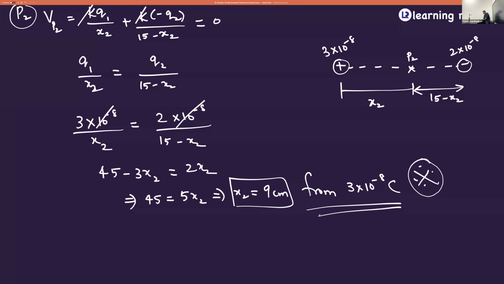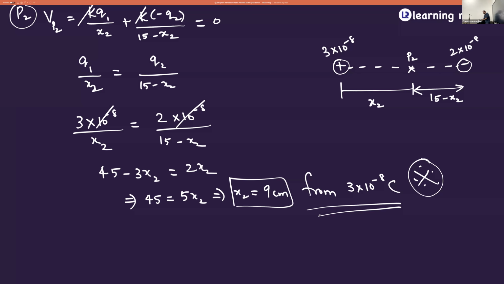Whereas, if in the same question I ask you to tell me a point along the line joining the charges where the electrostatic potential is 0, you can never find it. Because electric field is a vector quantity, and here the values are getting cancelled out because of the directions, not because of the magnitudes.